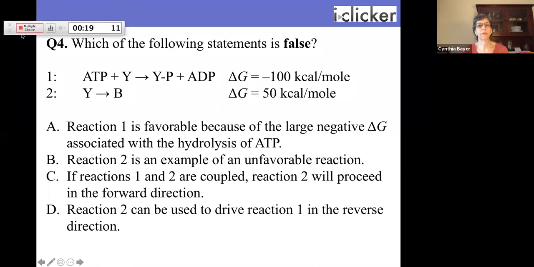So what can we say about those reactions? And notice what I'm asking you to identify is which of those 4 statements is false.